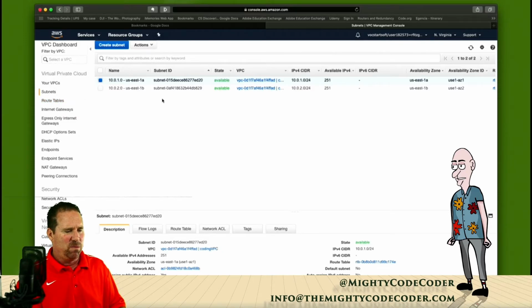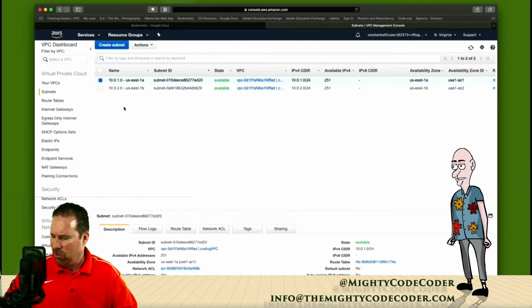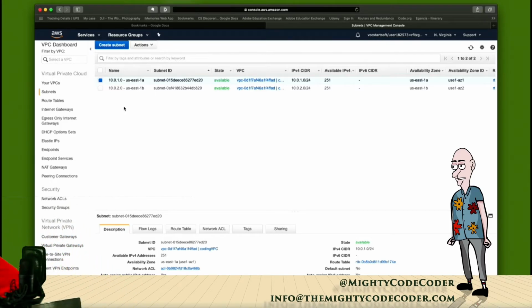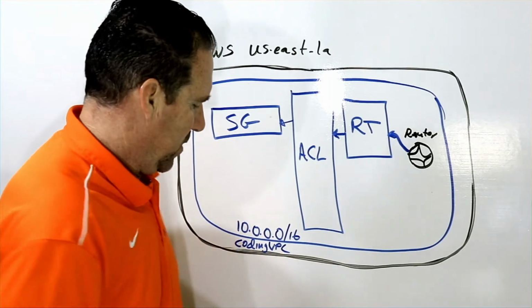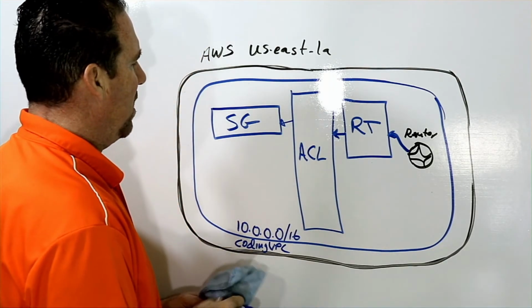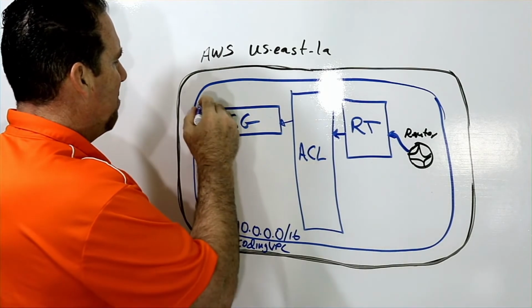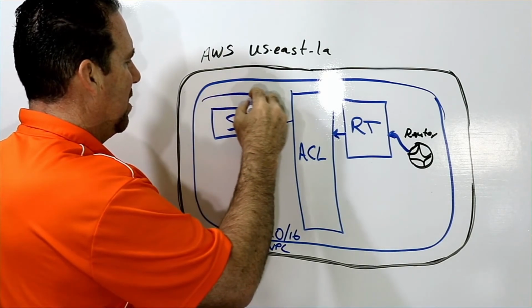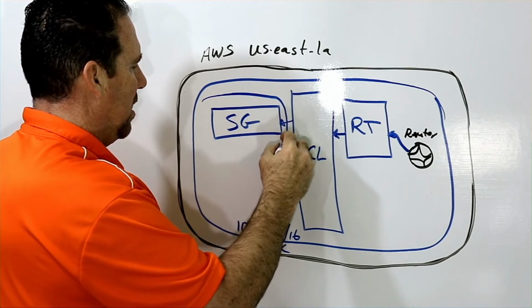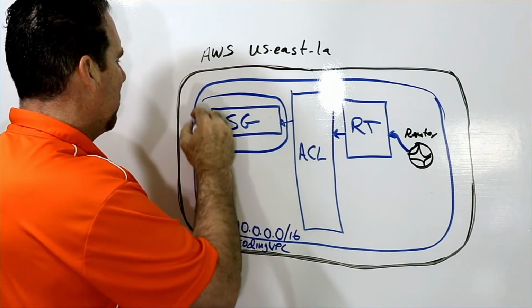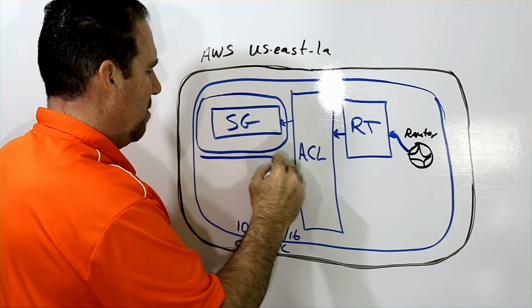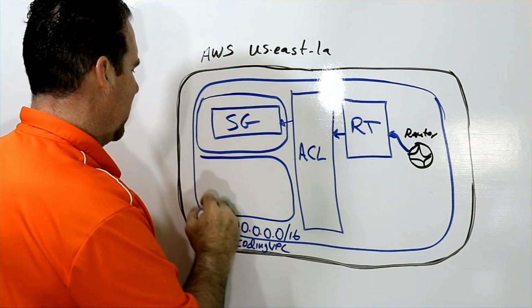And I feel like we should probably draw that up. Let's go over and draw it up. Okay, so here we are again. Now we created 2 subnets. So I'm going to come in here and draw the first one, and then the second subnet.